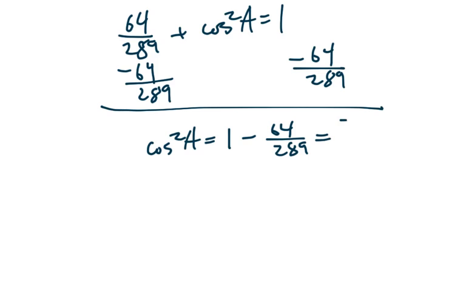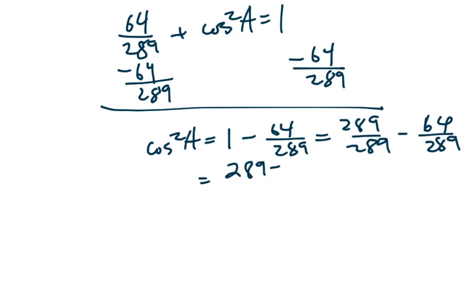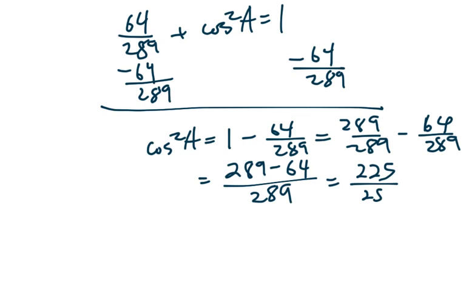Get a common denominator, right? 289 over 289 minus 64 over 289. Because they have a common denominator, I can move the subtraction up to the numerator. That's the whole nice thing about subtracting like fractions. And then we subtract the 2 terms in the numerator, we get 225 over 289.